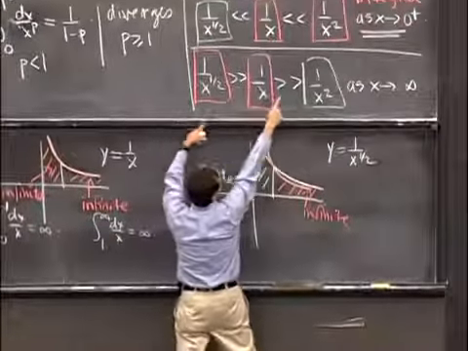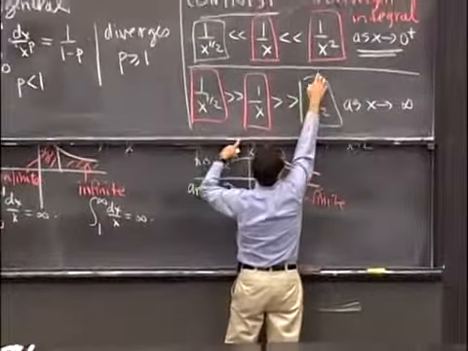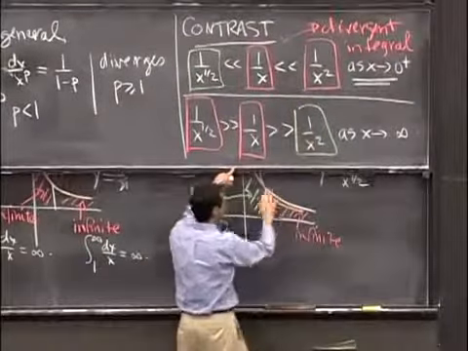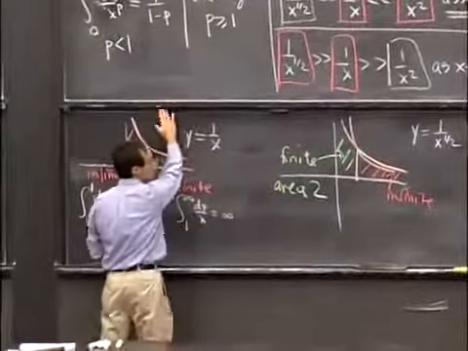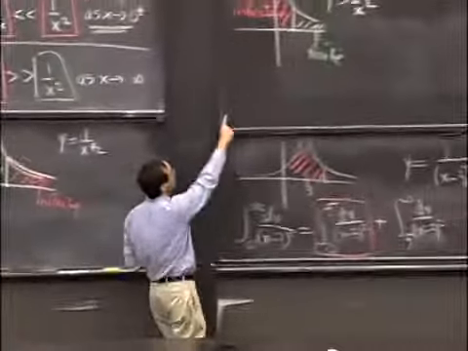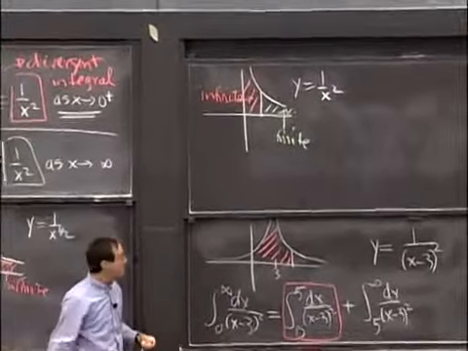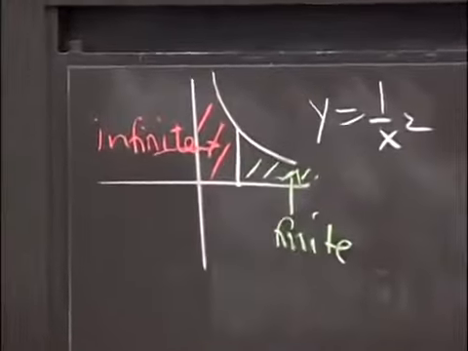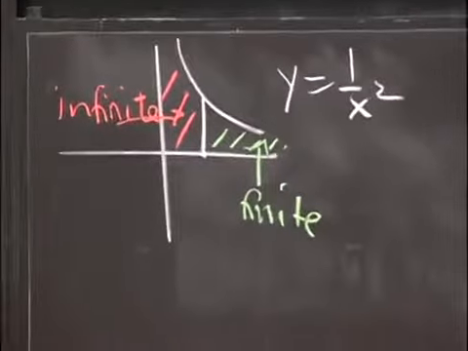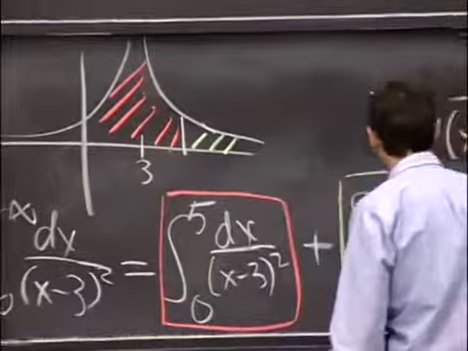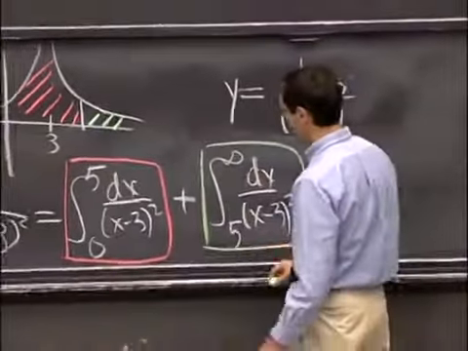In the other context, where it's going to infinity, this is the same as the picture directly above, with the infinite part in red. All right? And this part here, this part is finite. All right?